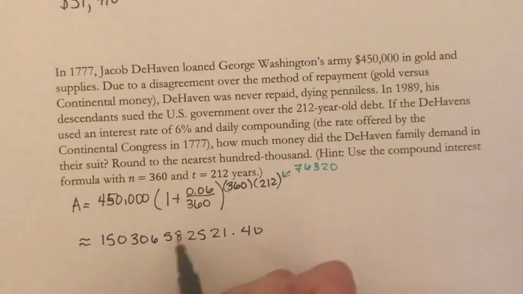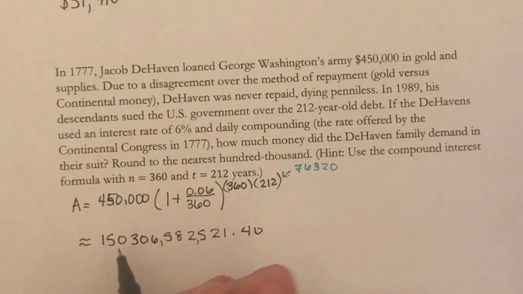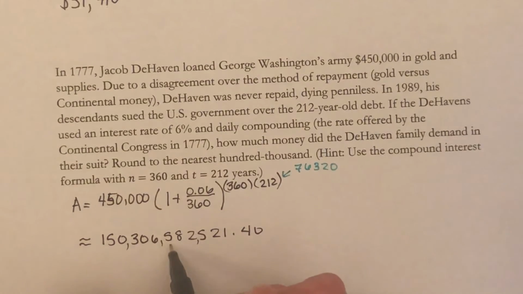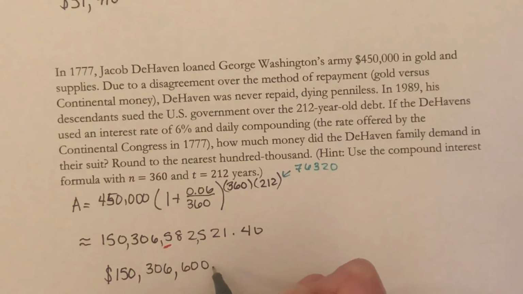Okay, so I'm going to put in my commas here so I can see what all it's supposed to look like. We've been asked to round to the nearest 100,000, and that would be right here. That's that spot. And the 8 says that's going to go up to a 6. So the answer is $150,306,600,000.